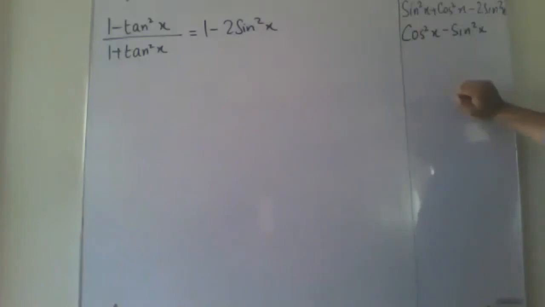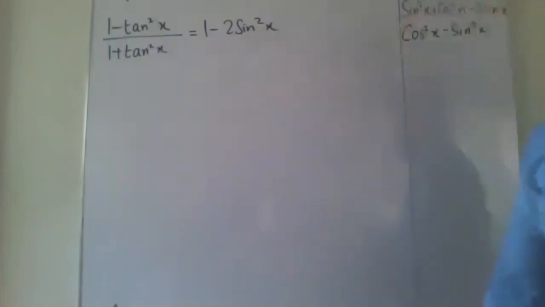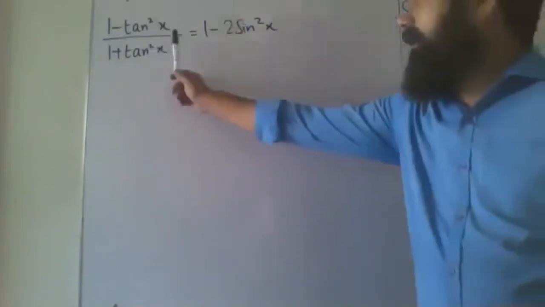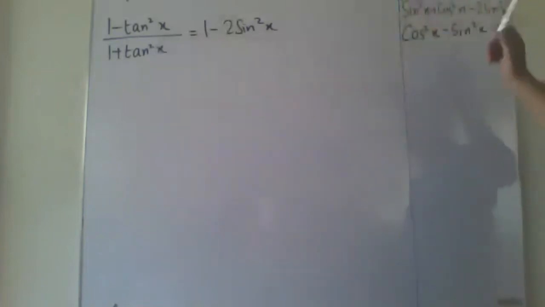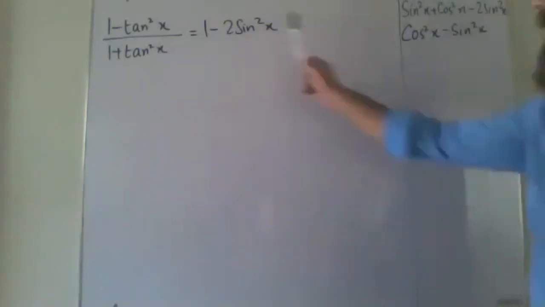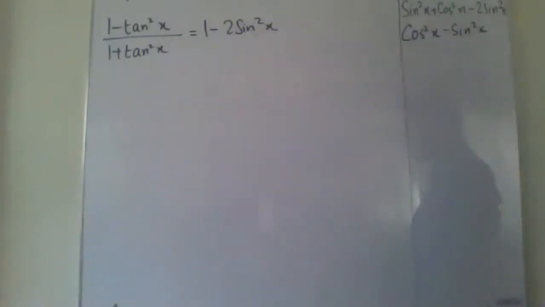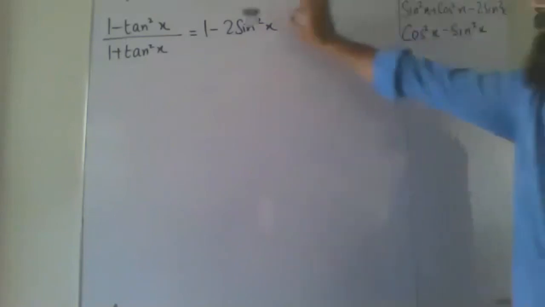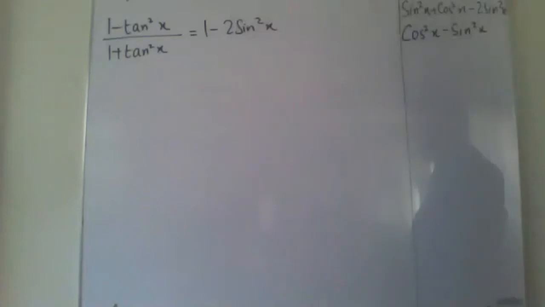Now I will take the left hand side, simplify it, and try to get to either this point, or this point, or directly to this point. If I have got to this point, I know that my next step will be like this, and after that my next step will be like this.